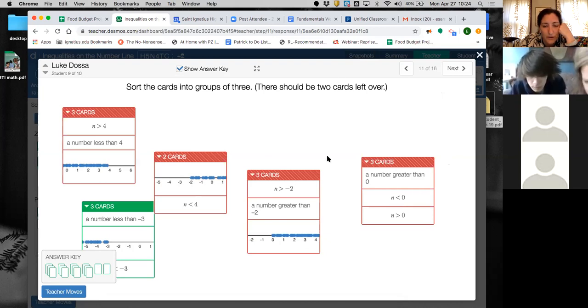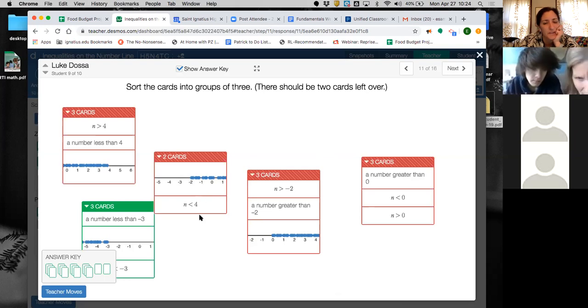So you want to move that graph that has greater than 0 and find the graph that's greater than -2. Luke, do you see the graph where the numbers start at -2 and then get bigger?